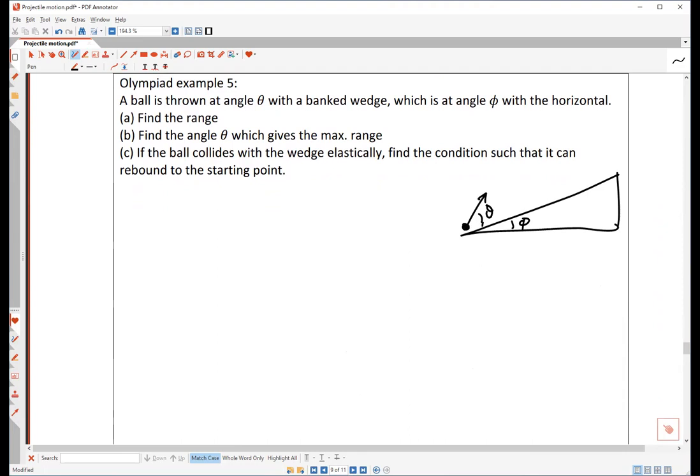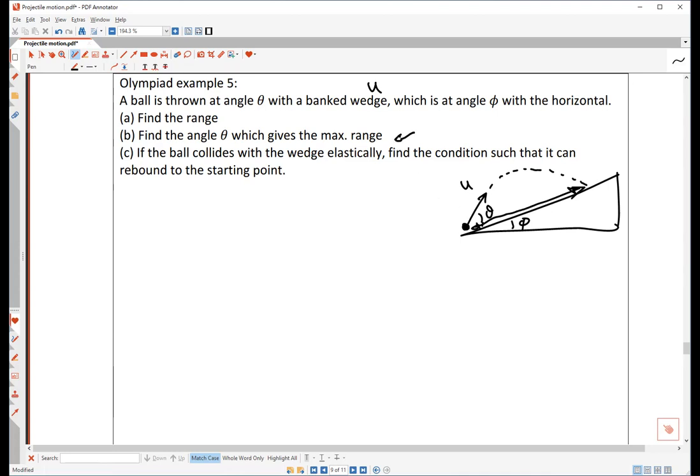And we have the initial speed u. Find the range. That means you're going to find this distance. And then find the angle to give the maximum range.